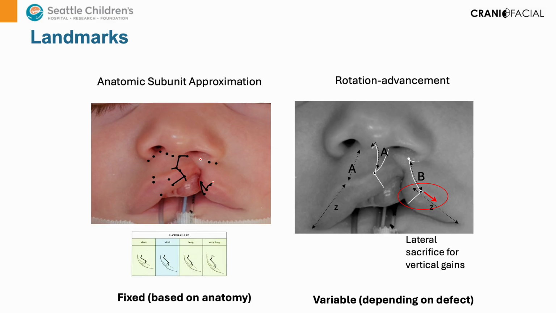The second is that the Nordhoff point is considered a fixed anatomic landmark, and there is no compromise in identifying its position, whereas with other repairs, that point may be moved further lateral to Nordhoff point. And so in many ways, when people talk about moving Nordhoff point lateral, they're actually moving their lateral point of closure along the lip further lateral rather than Nordhoff itself. Nordhoff's point is an anatomic landmark.